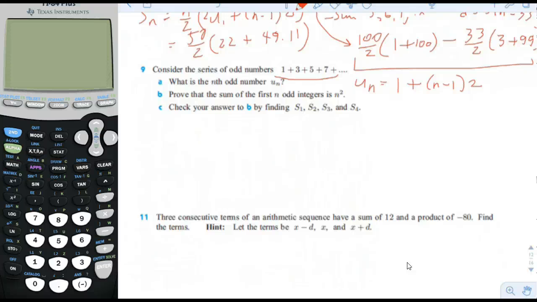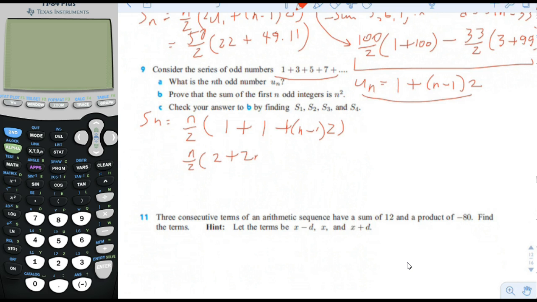Okay, so the sum would be equal to n over 2 times u1, which is 1, and un, which is the expression I just put here, 1 plus n minus 1 times 2. So that's equal to n over 2 times 2 plus 2n minus 2. So that's just equal to n divided by 2 times 2n, which is just n squared. So we just showed that, right?